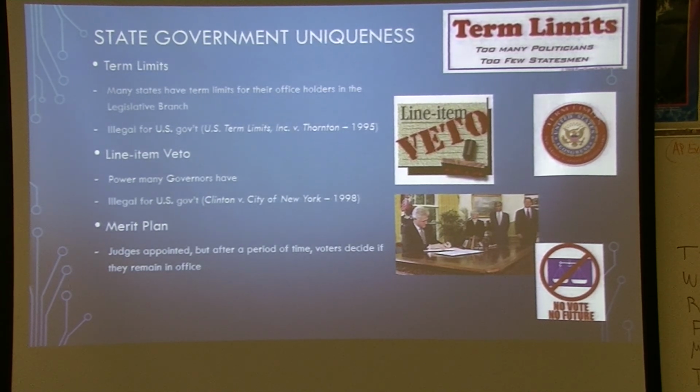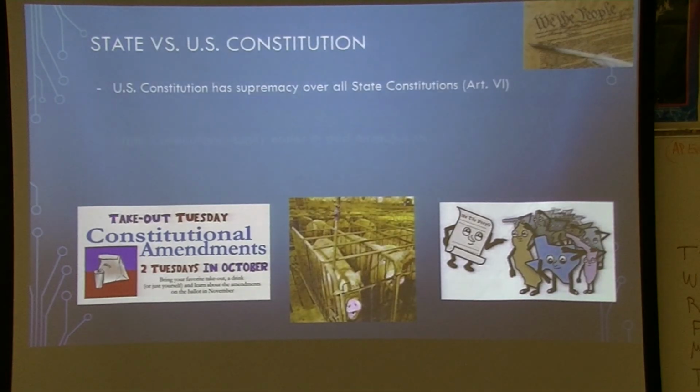Here in Florida, every 6 years a judge goes on the ballot, and again, they're not running against another person, but there is a question of should Judge Smith retain his position on the Court of Appeals or the Florida Supreme Court, and it's a yes or no question. So it's not a true election, but at the same time there is a little bit more accountability in that way. And states can also have some sort of age limit. We have a retirement age for our Supreme Court justices in the state of Florida.